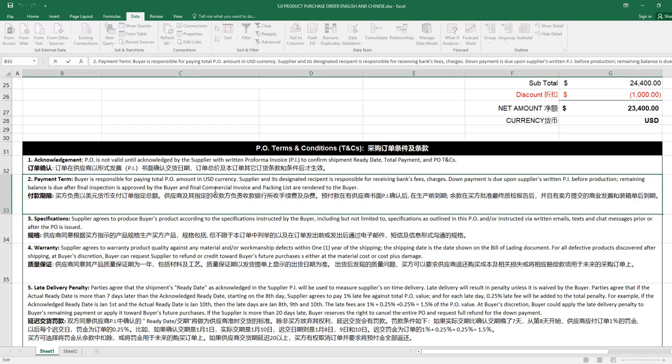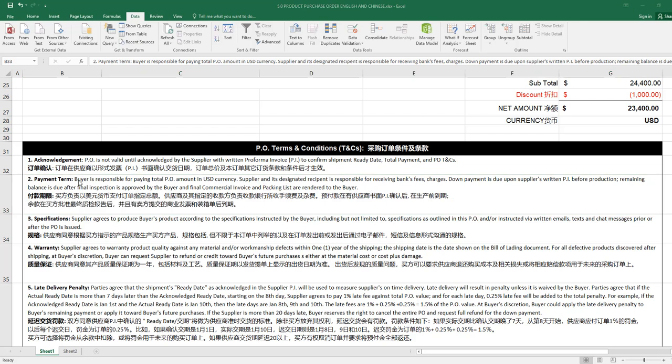So your final payment is due after you are happy, you approve the final inspection, after they have the final commercial invoice and the packing list that is finalized and send it to you, then you send your remaining balance.